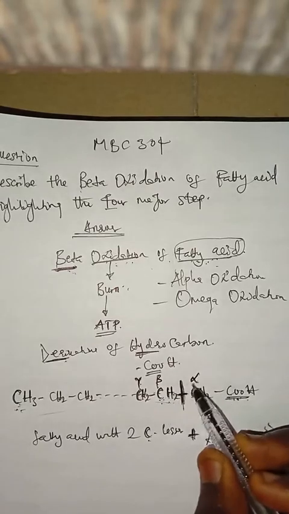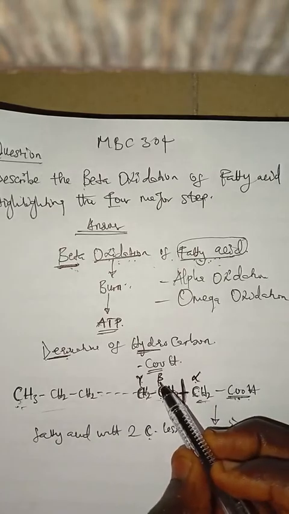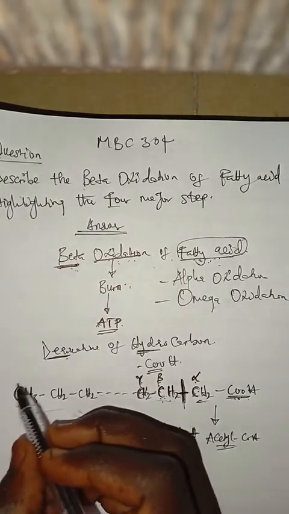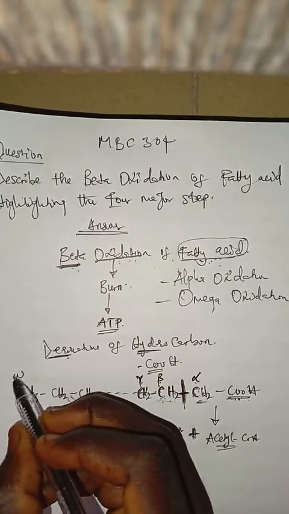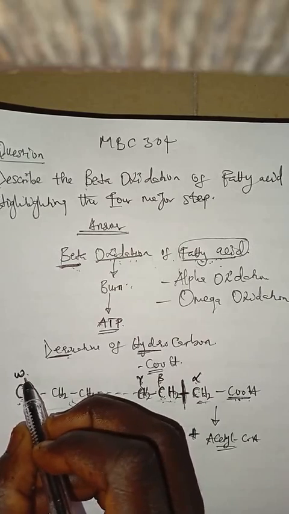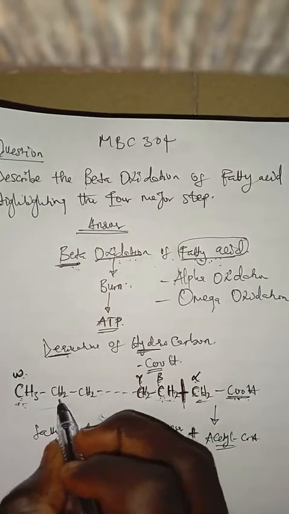Then you get the beta carbon, then the gamma, and towards the end you get the omega carbon. That's why the last carbon is called omega, and if you start counting from there, you get omega 1, omega 2, omega 3.